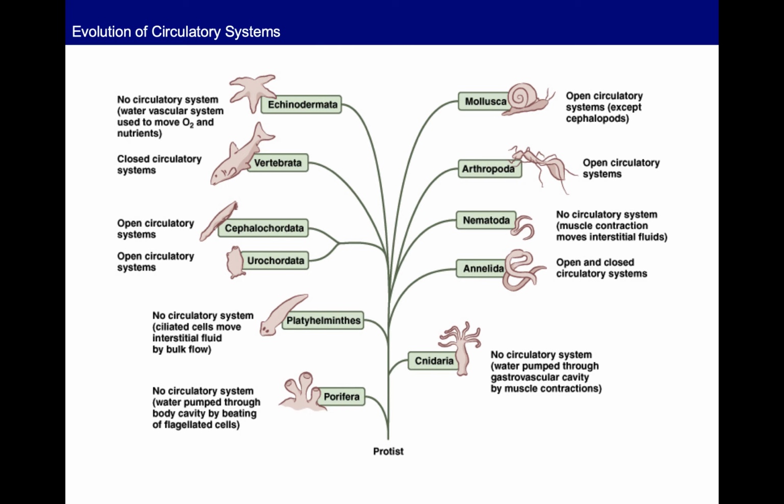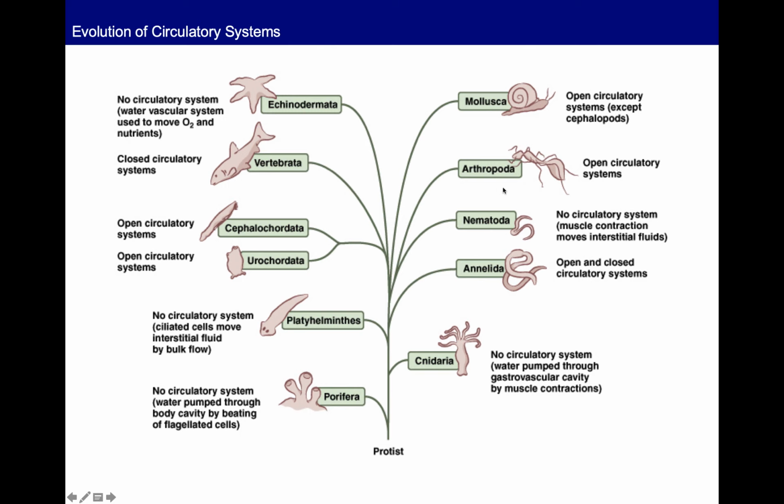You can also see that mollusks like snails and clams actually have an open circulatory system, except for cephalopods like squid and octopi. Also, arthropods have an open circulatory system.